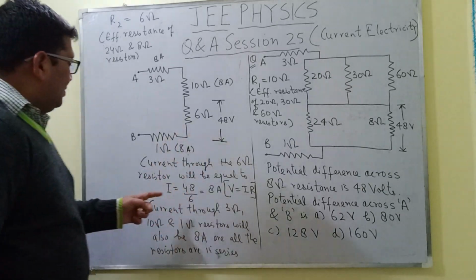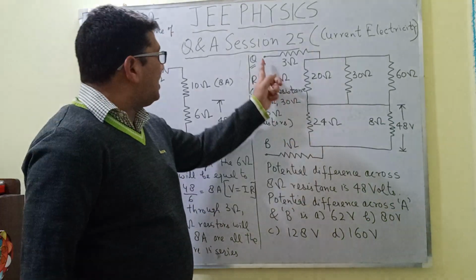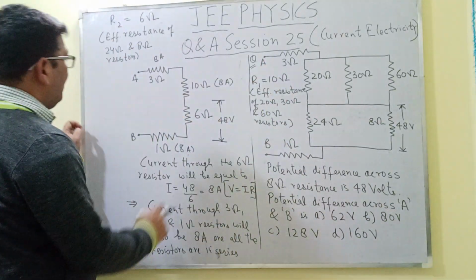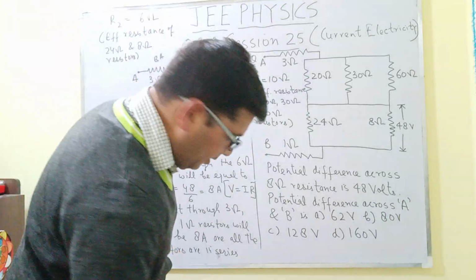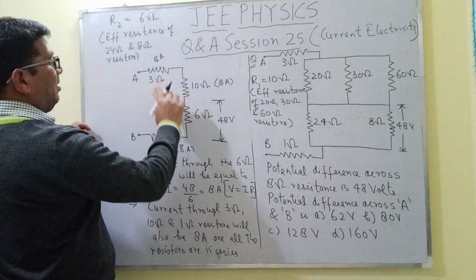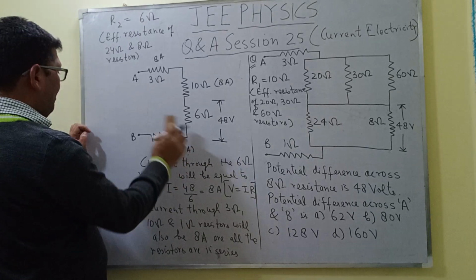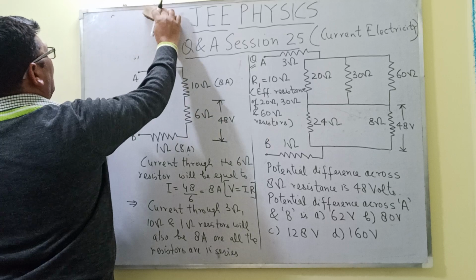Okay. So now we have to find the potential difference across the point A and B. So what we can do is, I can write it here now.